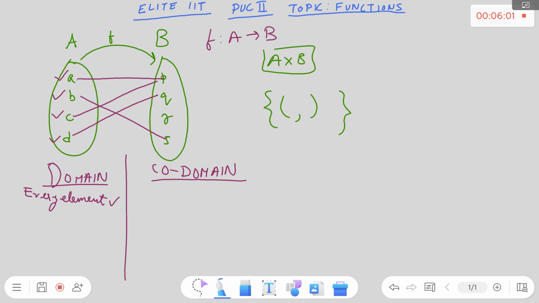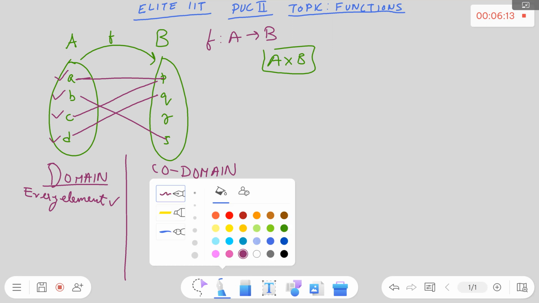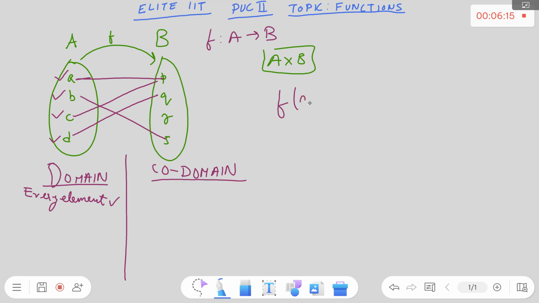So if this is the case, I can see that A is associated with P. The element a is associated with the element p. So for that we will write f of a equal to p.